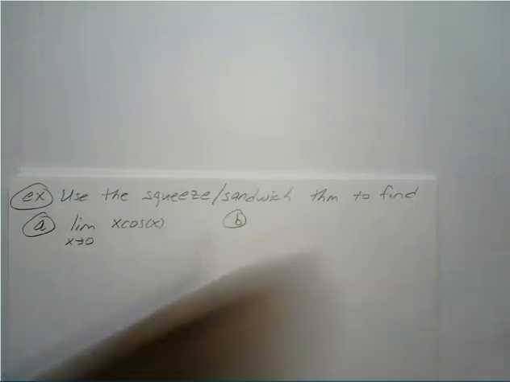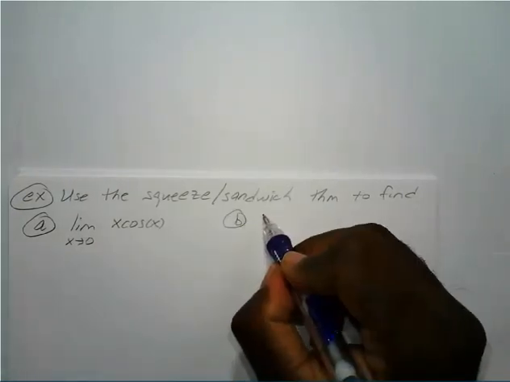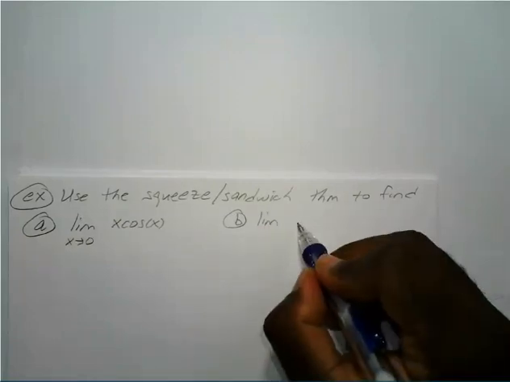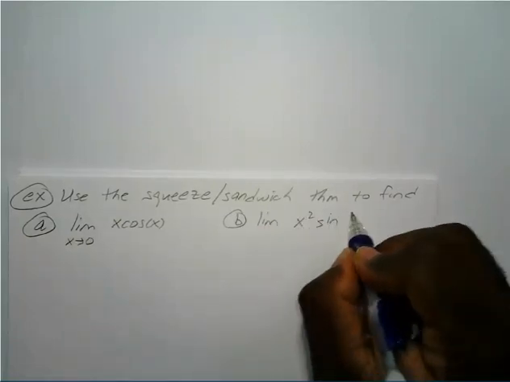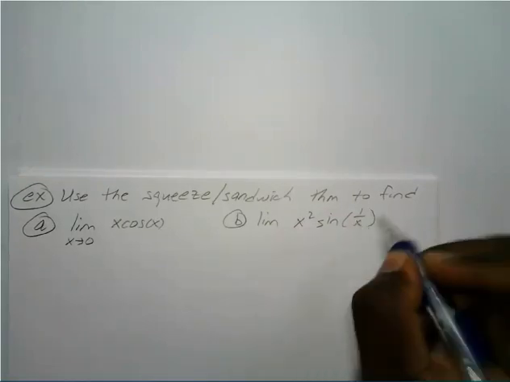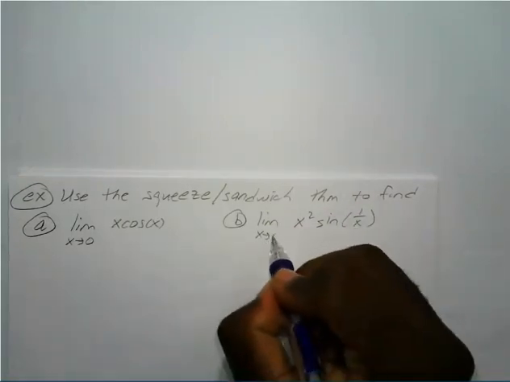And for problem B, we want the limit of x squared times sine of 1 over x as x approaches 0.